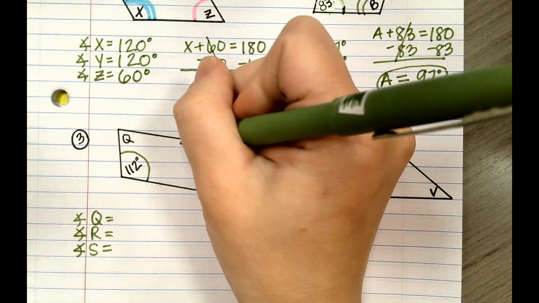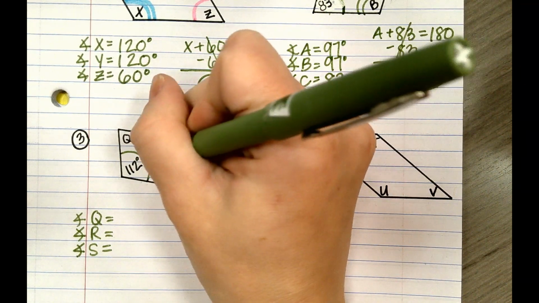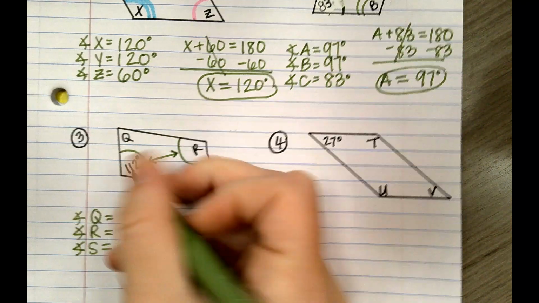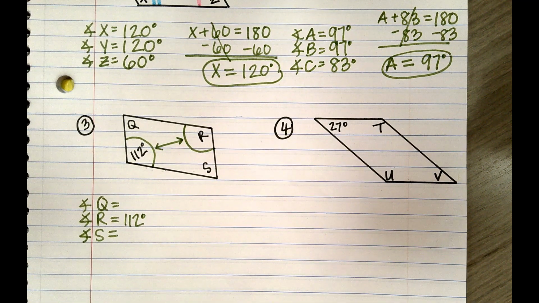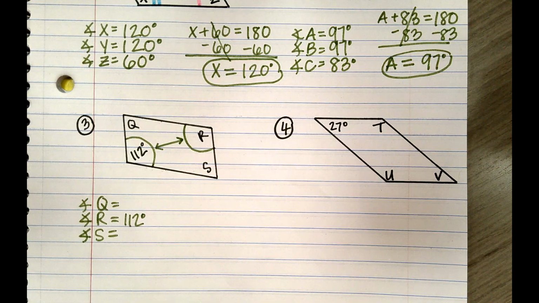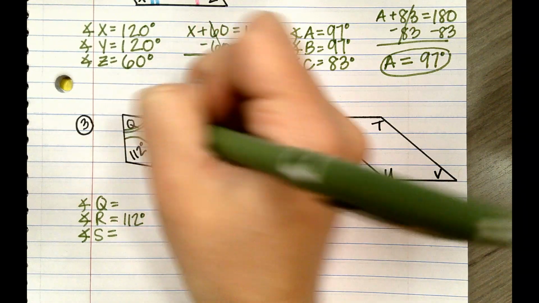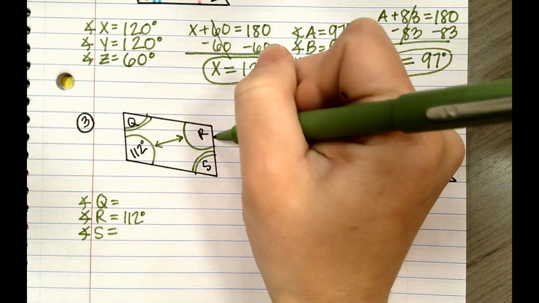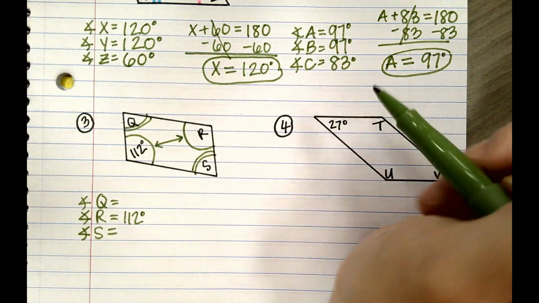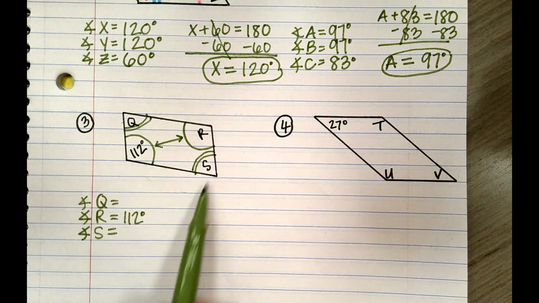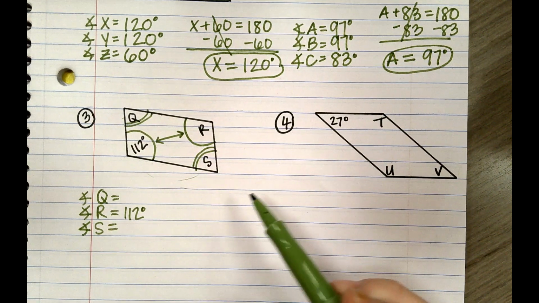R. Good. It's right across. So I can go ahead and fill out angle R is 112 degrees. And we're going to just do the exact same thing as we did in the first few to solve for Q and S. I know that they are equal to each other. S and R would add up to 180. Q and 112 add up to 180. You could also do 112 and S. There's so many ways to do it.